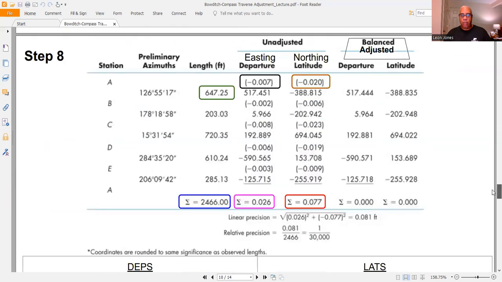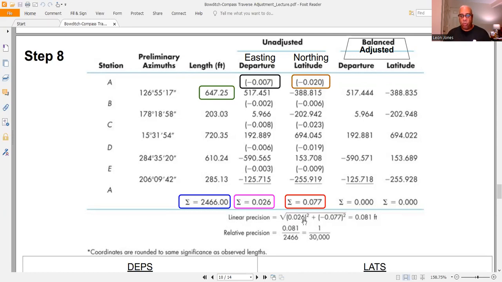All right. Now, here's what they did. They've added all the lengths. They've totaled up all of your northings, that's your latitudes, and your eastings, that's your departures. Now, what you have to do is find out what your linear position is.